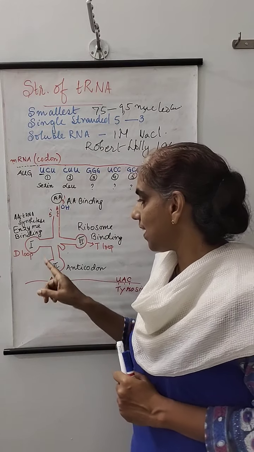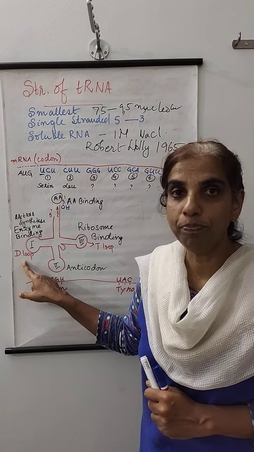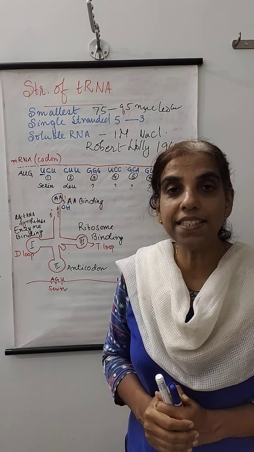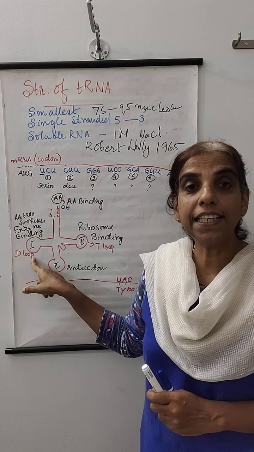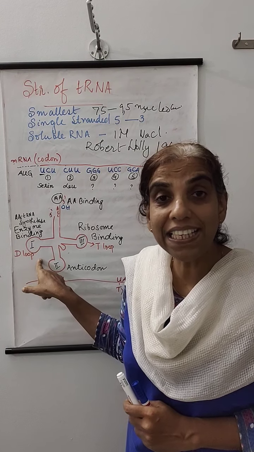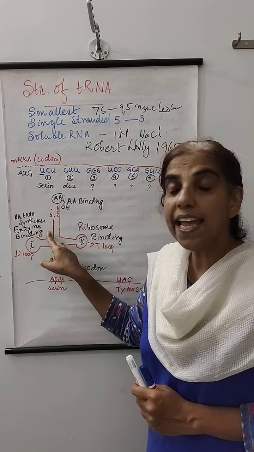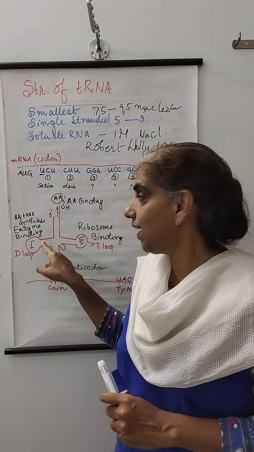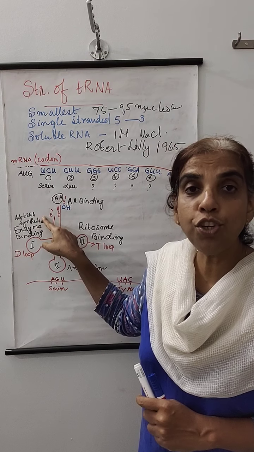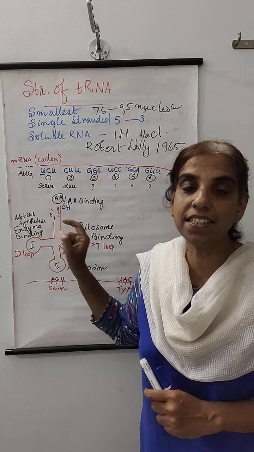When we look at the first loop, it is called the D loop. The D loop consists of a specialized binding site for a particular enzyme. The enzyme is amino acid transfer RNA synthetase.